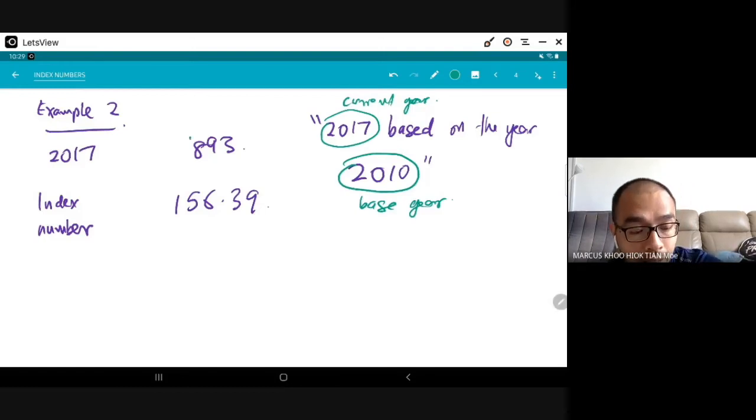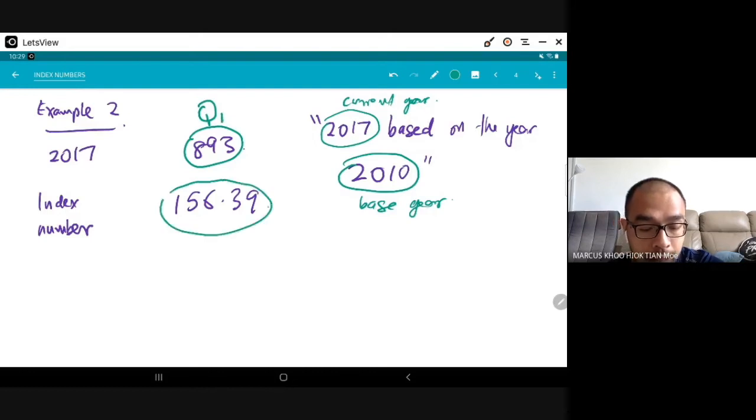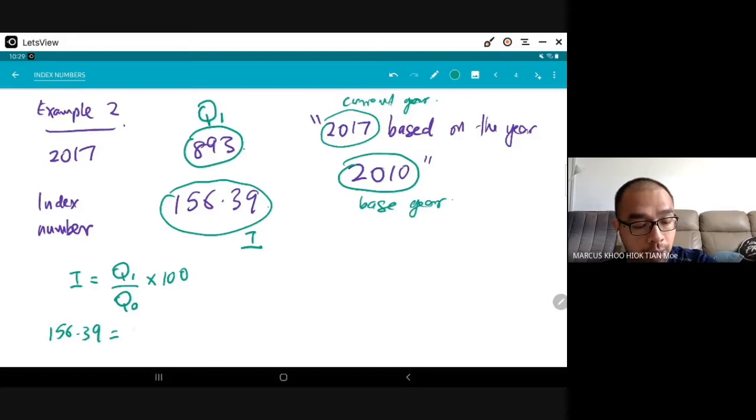So this one is Q1, and this one is I. We have to rearrange a bit. I equals Q1 over Q0 times 100. So 156.39 equals 893 over Q0, we want to find Q0, times 100.